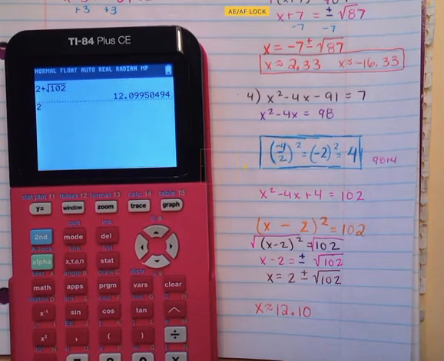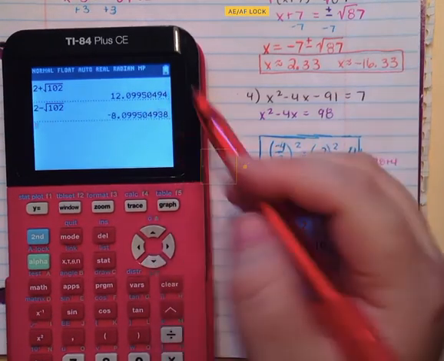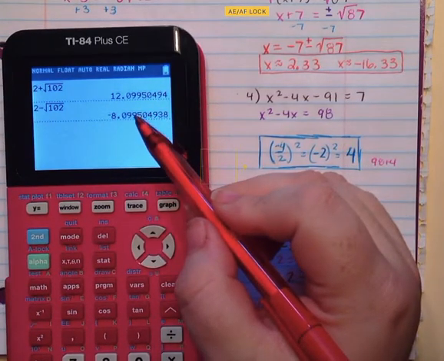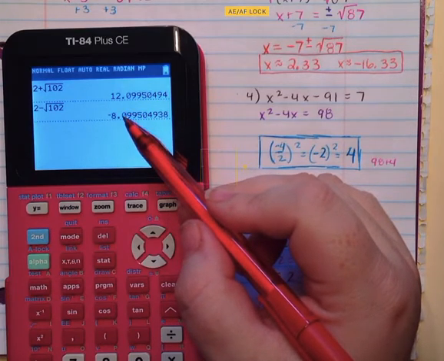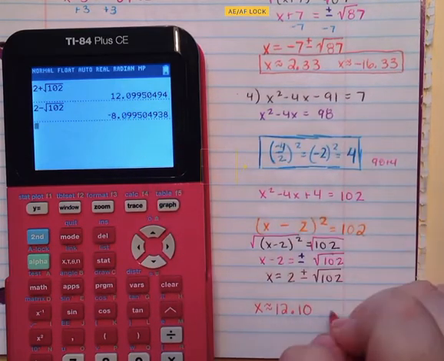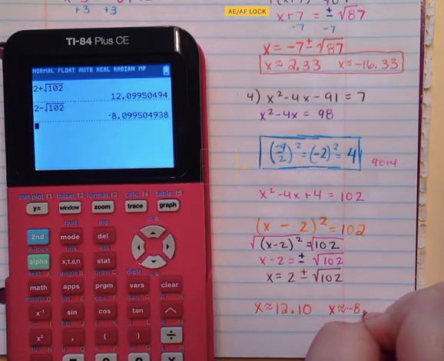Then we'll do 2 minus the square root of 102. Again, the plus or minus part is what separates them. And we end up getting, so this 9 makes that 9 go up to a 10, which in turn makes this 0 go up to a 1. So the other answer is x is approximately -8 and 1/10.